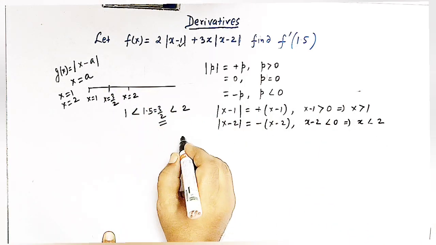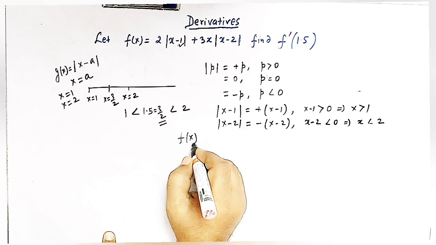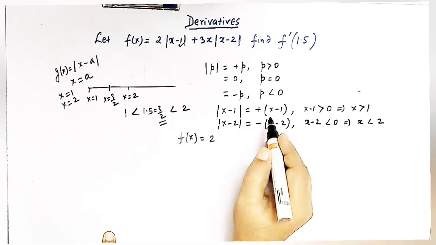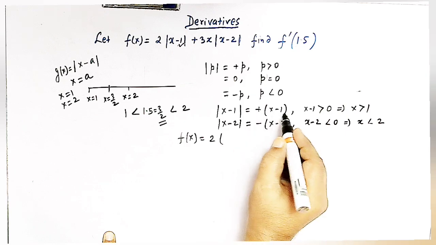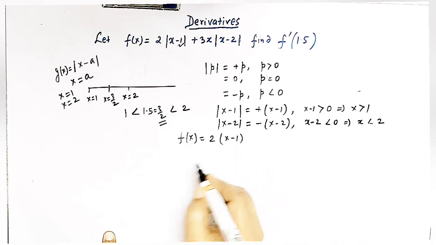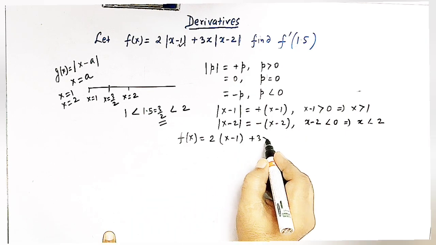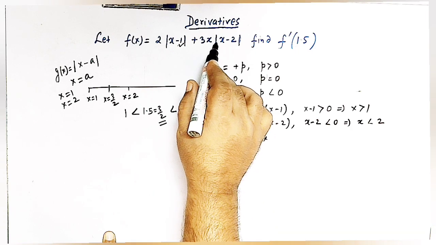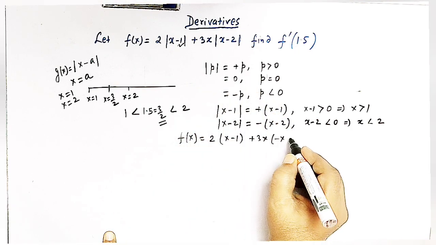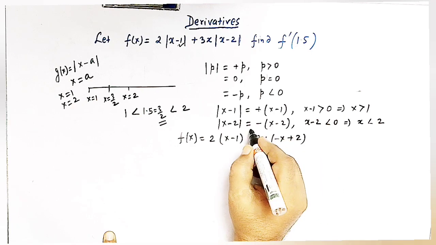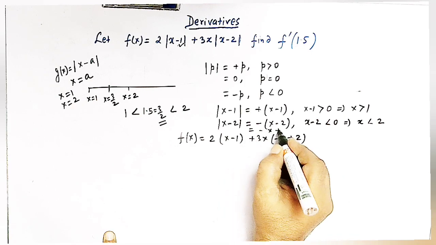So now we can redefine this function f of x as 2 times, first we'll write mod of x minus 1 as positive x minus 1, that is simply x minus 1, and here we have 3x, and mod of x minus 2 is written as negative x plus 2, because here we can write minus x plus 2.